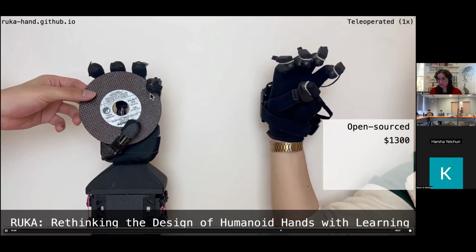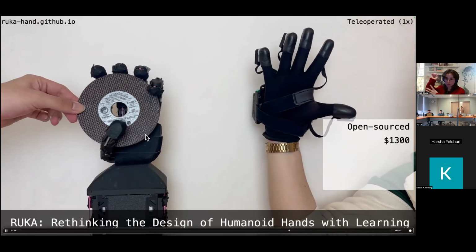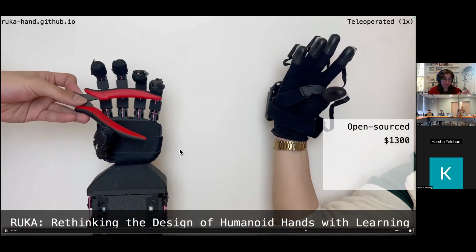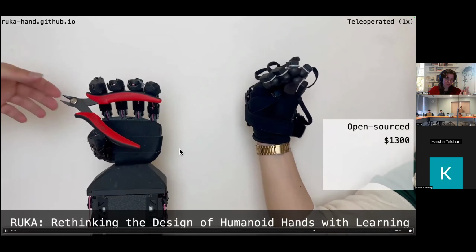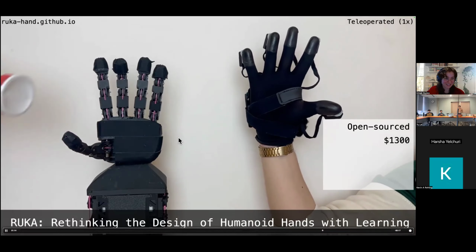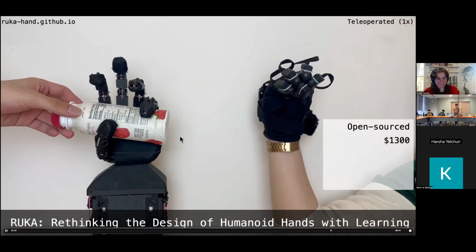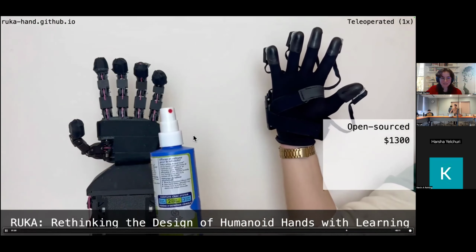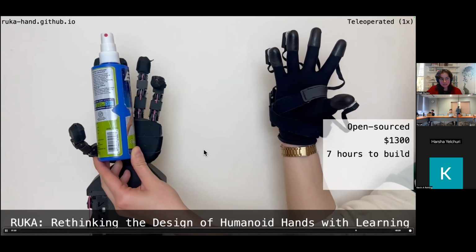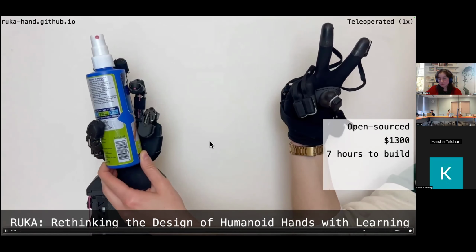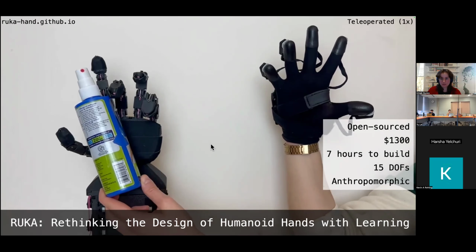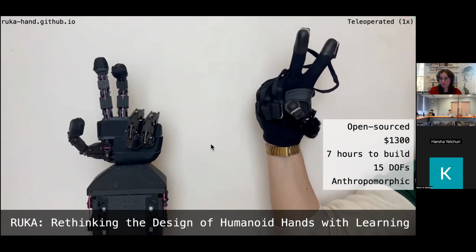As you can see, it has these ropes where the control is done at the wrist. It cost only $1,300, but then whatever is happening in the world happened, and now I think it's actually more expensive. It took only 7 hours to build. It had 15 degrees of freedom, and it was humanoid, was the overall idea.